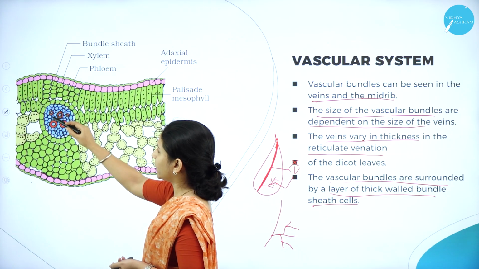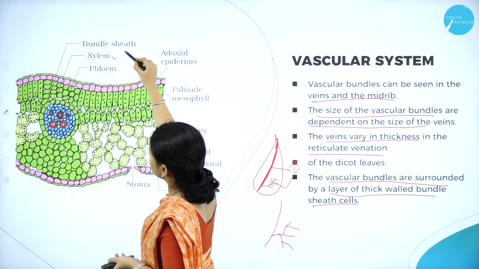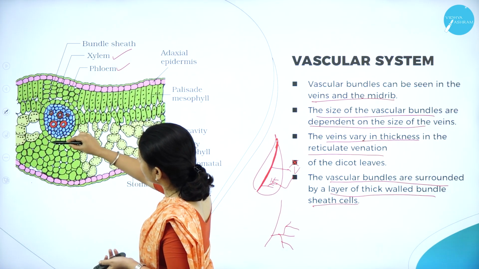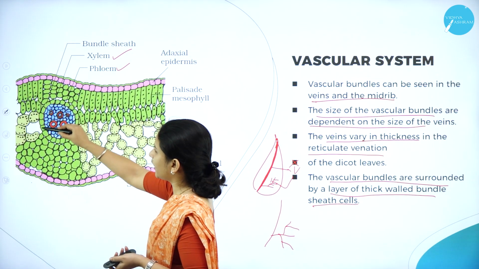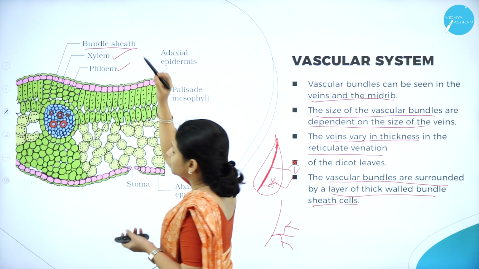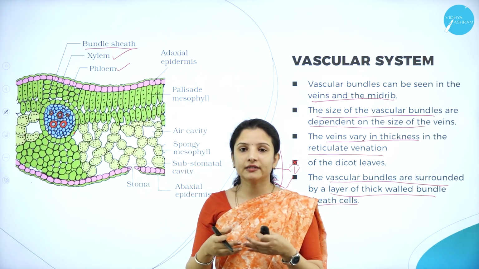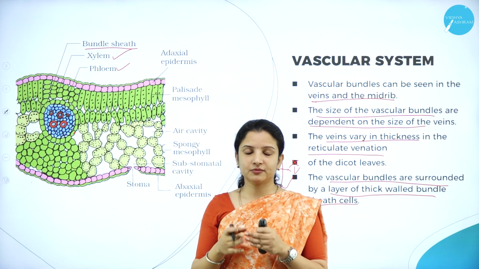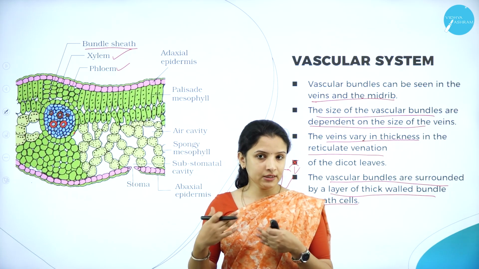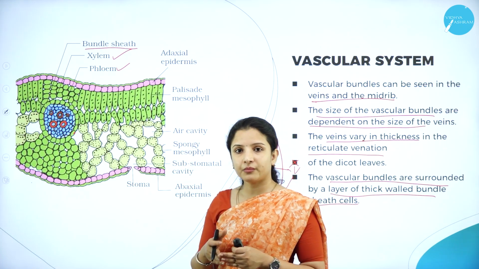You can see here the vascular bundle constituting the xylem and the phloem, and surrounding the vascular bundle there is a layer of cells which is called the bundle sheath. This bundle sheath also has a lot of parenchymatous cells present in it, and they facilitate the process of photosynthesis. So that is a function of the bundle sheath.